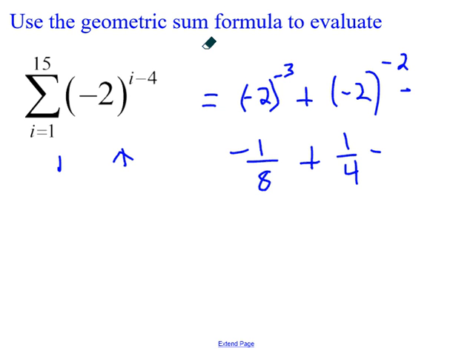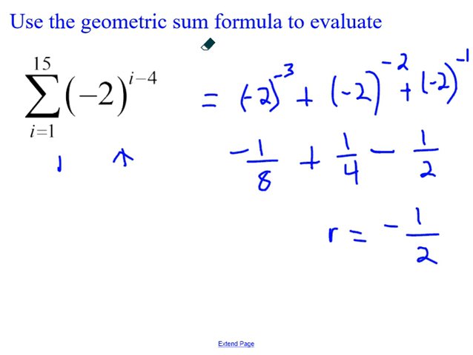So when i is 3, I'm going to do negative 2 to the 3 minus 4. That's just to the negative 1 power. And again, this is going to be a minus because I'm raising it to an odd power. And hopefully you can see the common ratio here. Pause, take a minute, can you find it? Hopefully you came up with negative 1/2.